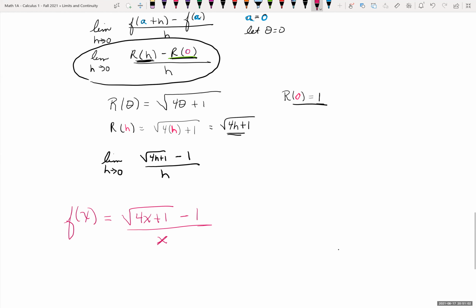And I want to find points. We want to find the slope of 2 points close to, in our case, x equals 0.